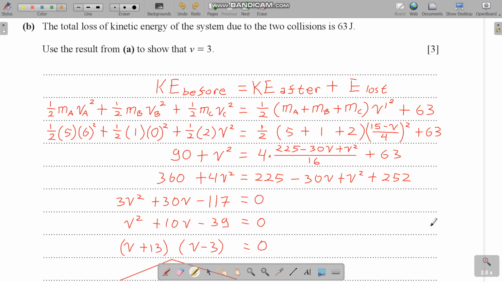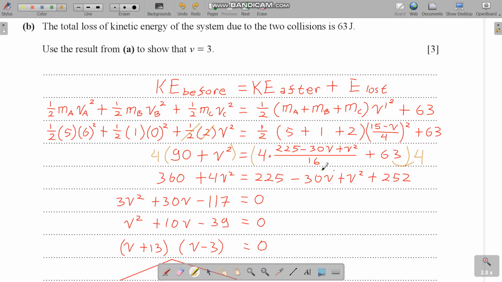And now we use a calculator. This is 90, they cancel out, so we have only v squared here, and this is 4, and we square this, so 15 minus v all squared, we get this. 4 squared, we get this. And then we multiply both sides by 4. So 4 times 90 and 4 times v squared, and this term times this cancel out. We have only the numerator, and the second term times this, we get this.